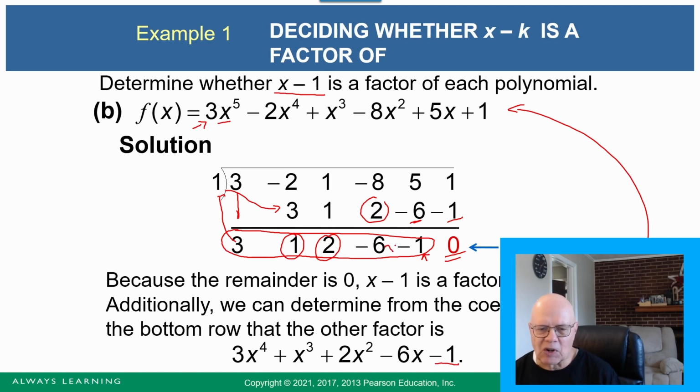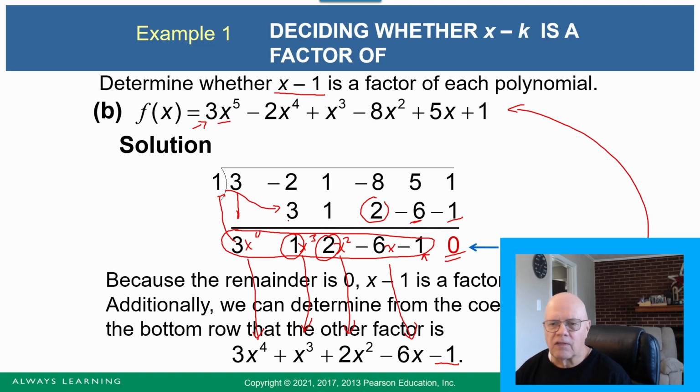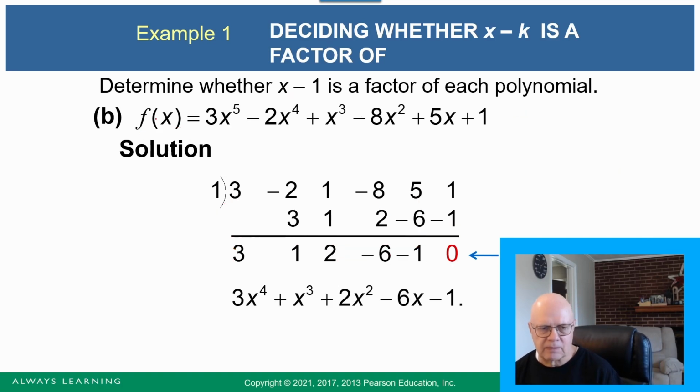This is the x term, so you see negative 6x there. This will be the x squared term, so it's there. This is the x cubed term, so it's there. And this is the x to the 4th power, and there is our quotient, dividing x minus 1 into this polynomial.